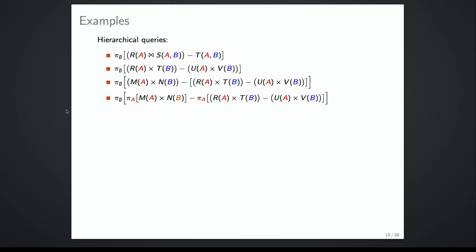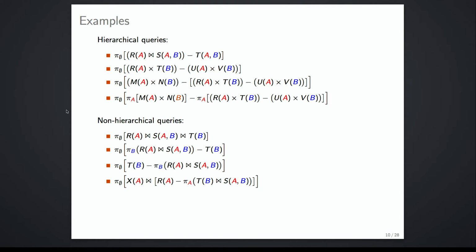All others are in fact variations on the same theme, where A and B do not occur in a relational symbol together, but they may be intertwined in some weird ways, the ways this language allows. What is also interesting is that negation and projection, which essentially means existential quantification, negation, can appear intertwined in this query in some arbitrary way. So it is not necessary that negation only appears on relational symbols, but it may appear on entire subqueries, right?